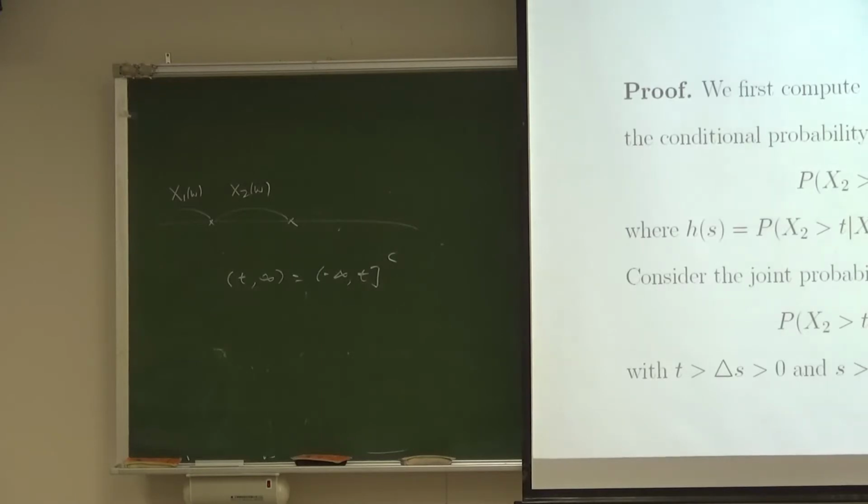We consider the joint probability. This is the event, and this is another event. Remember, the interval time is usually a continuous random variable. So to have a good event, we consider an interval, even though it is quite small. For example, delta s may be a very tiny number, but no matter how small it is, it is still an interval. And so usually this event has positive probability. This is what we want.